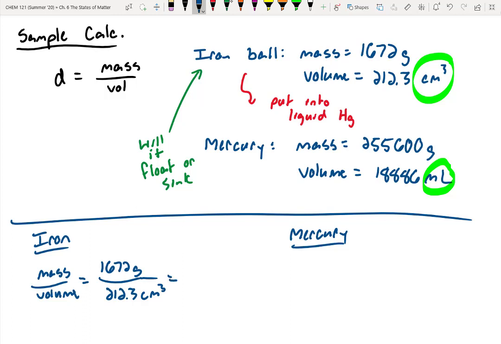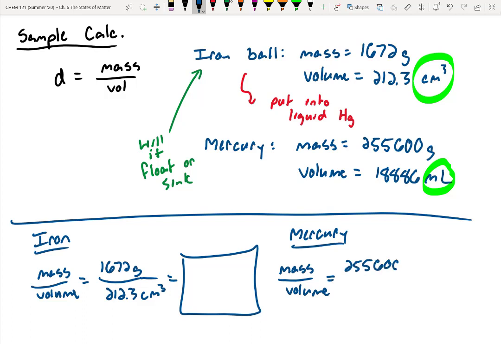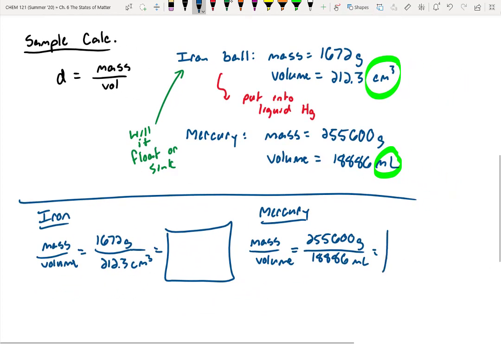And we can get our value, but let's go ahead and do the math last. Over here, we'll do mercury. We'll say the mass divided by the volume is going to be equal to 255,600 grams over 18886 milliliters. Okay, so let's plug each of these into our calculator and figure out which one's larger, and from that we should be able to determine which one can float.